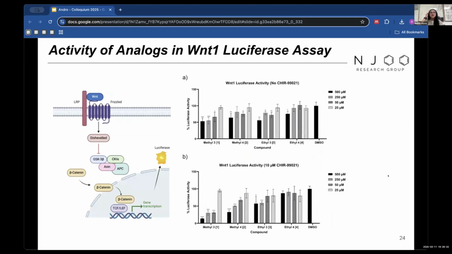Next, to determine the effect of our compounds on Wnt1 signaling, we use the same luciferase reporter cell assay.